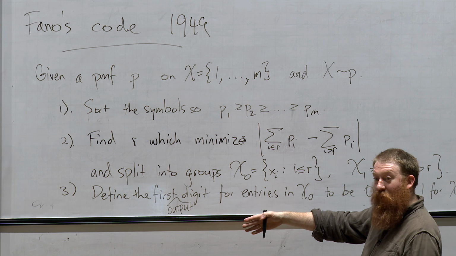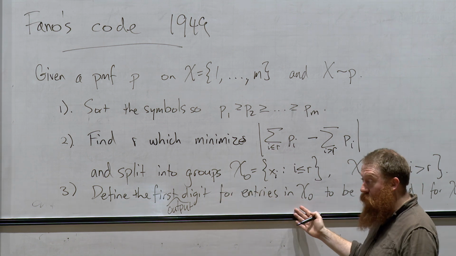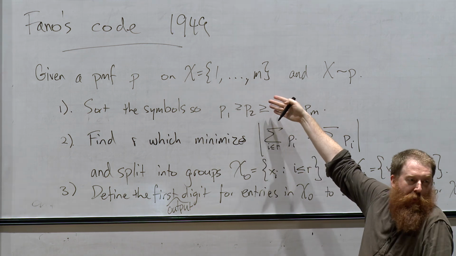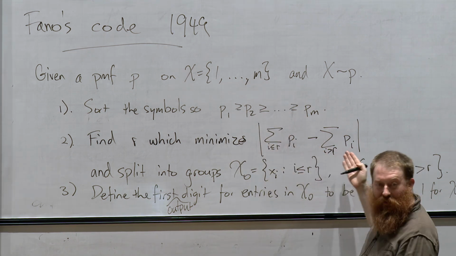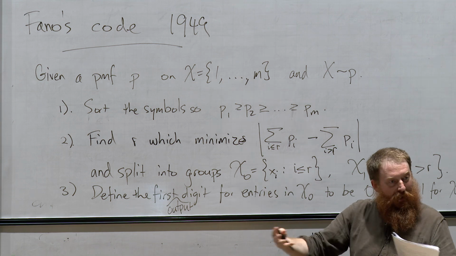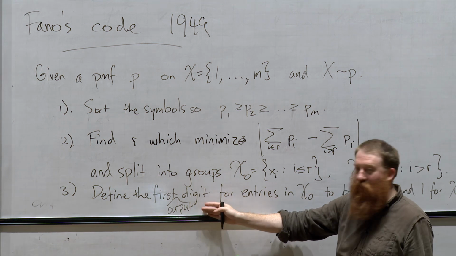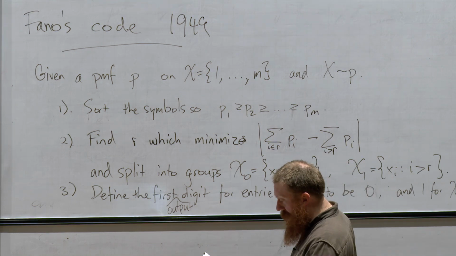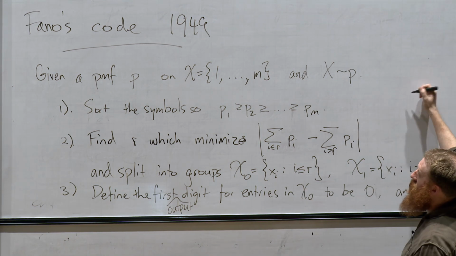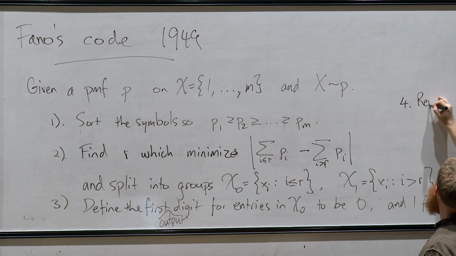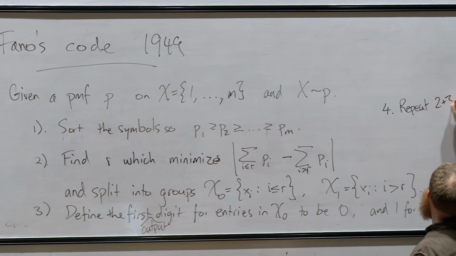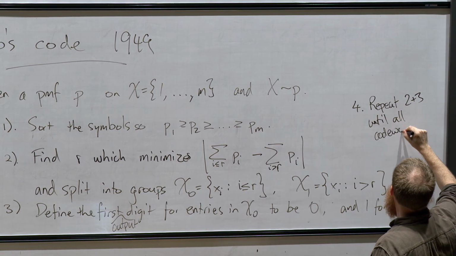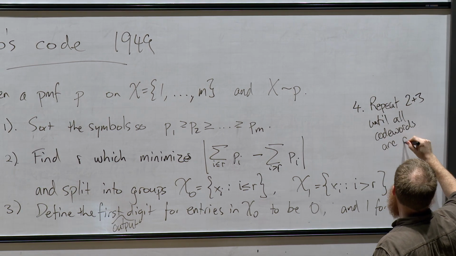And now what do I do? I repeat. I take each of these two groups and I go through and do this again. Sort everything out. Well, my probabilities are still sorted. Minimize the difference between the two groups, split it out, allocate another code word, another digit, so then it would be the second digit, and do a construction accordingly. So step 4, repeat 2 and 3 until all code words are distinct.